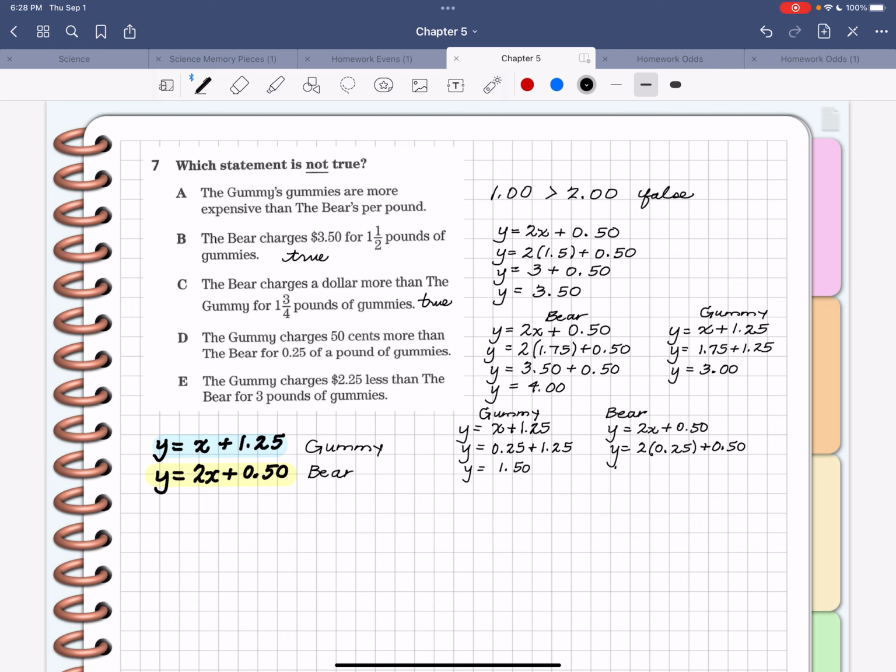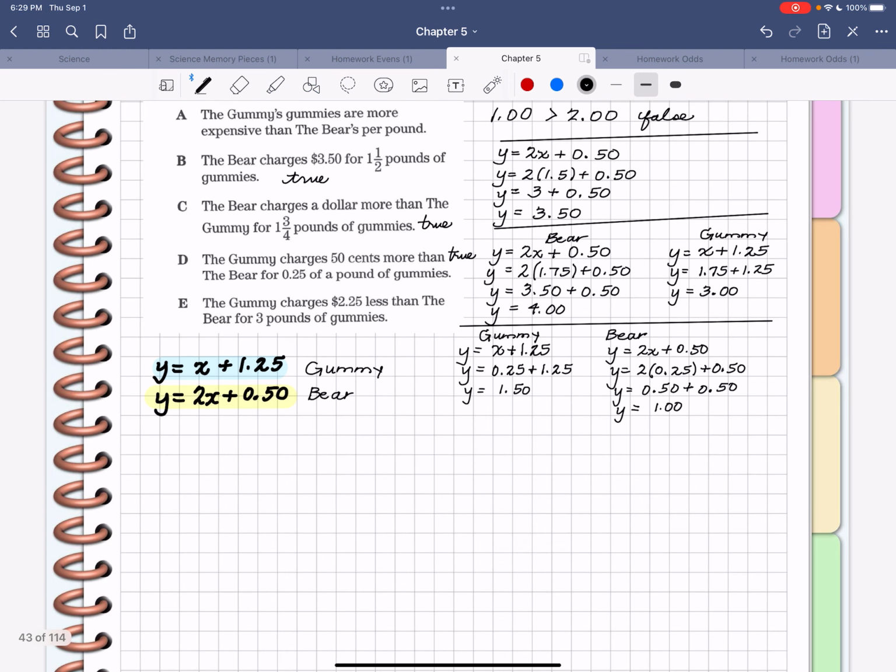So 2 times a quarter is going to be 50 cents, plus 50 cents. And that will be $1. The gummy charges 50 cents more than the bear. That is true. You see why I needed notebook paper to do this one.